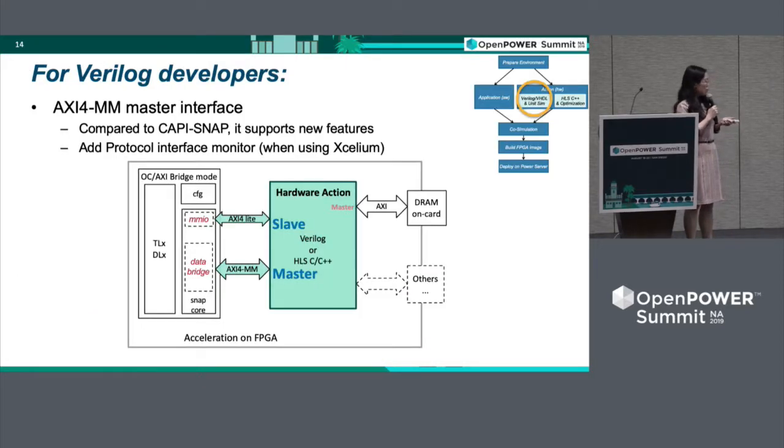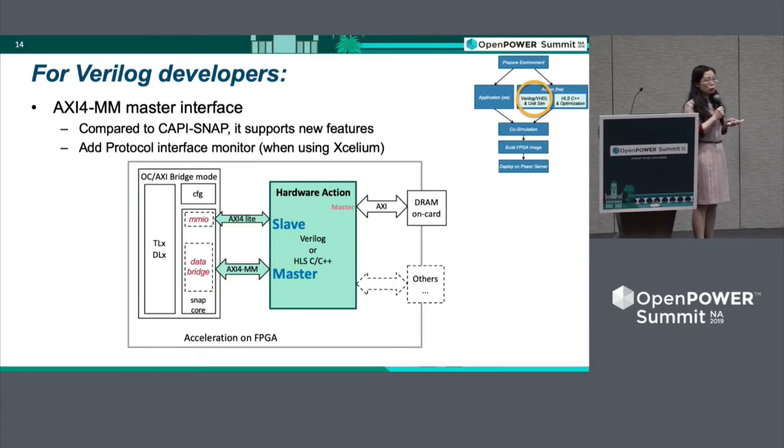Okay, so here I will spend several minutes to describe the options for the hardware development. If you are a Verilog developer, we have improved the AXI memory mapped master interface.